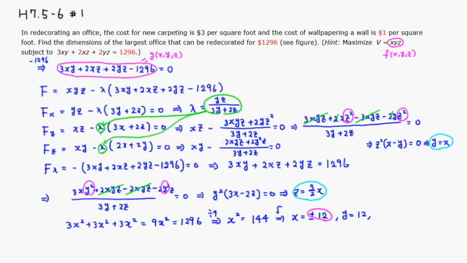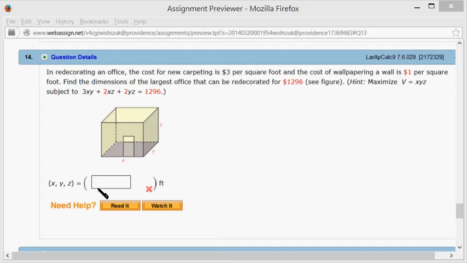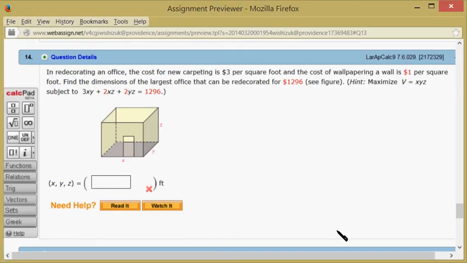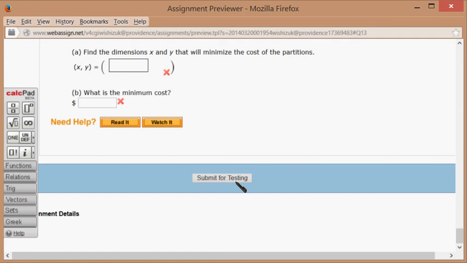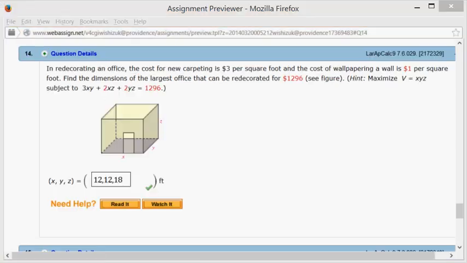So z is equal to 18, right? So let's type that in. All right, so x is 12, and y is the same value, and z is just 18, right? So let's check the answer. Alright, it came back and looks like we got this one correctly. Alright, that's it. I hope that this was clear.